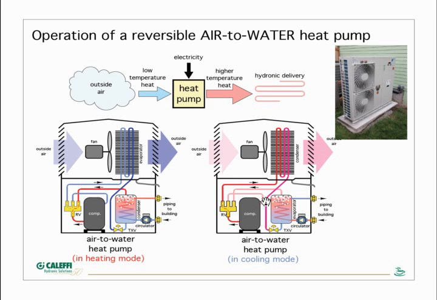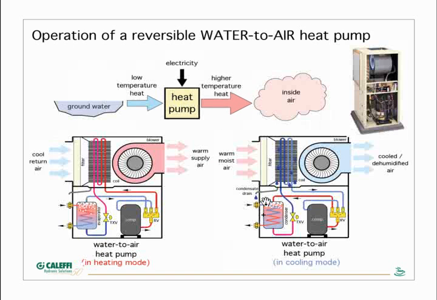And the net effect of all this is to deliver heat to a stream of water, or it could be a mixture of water and antifreeze, that is going back into the building and going to some type of distribution system. So again, we're extracting heat from outside air, raising the temperature of that heat, and delivering that heat to a fluid stream that ultimately goes through the building's distribution system.